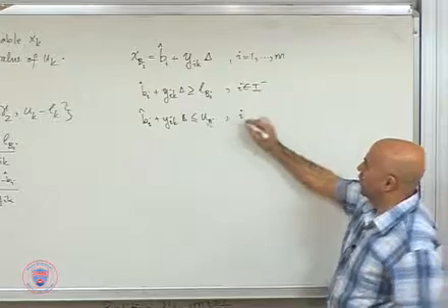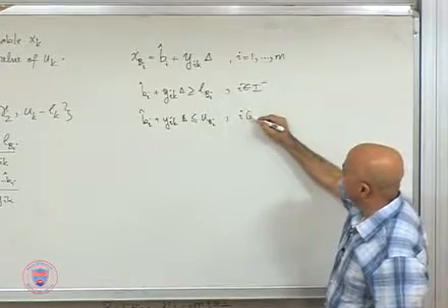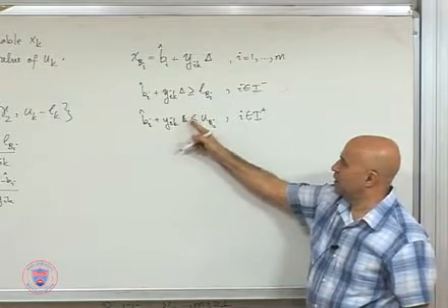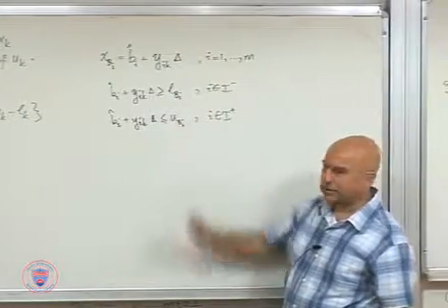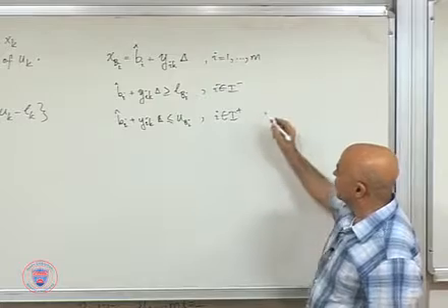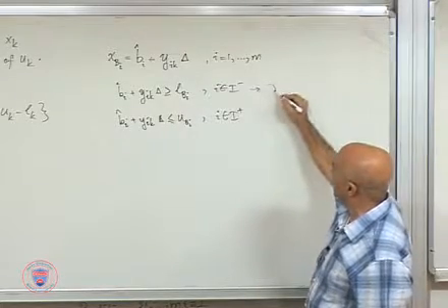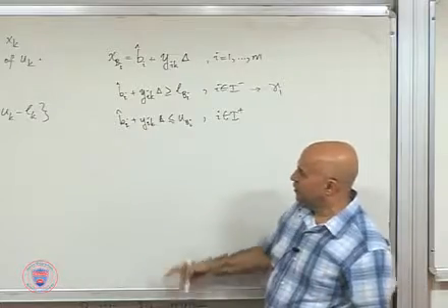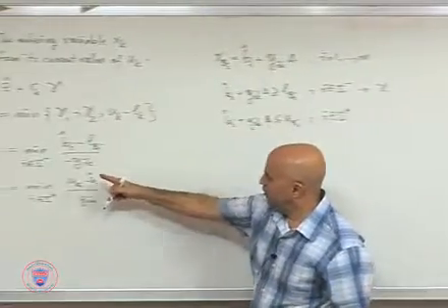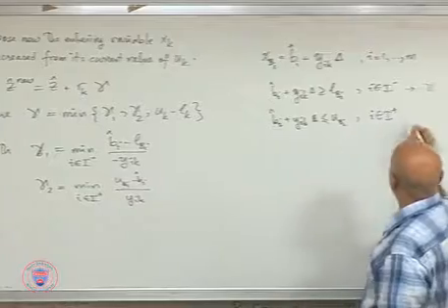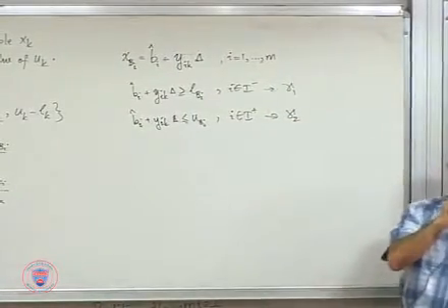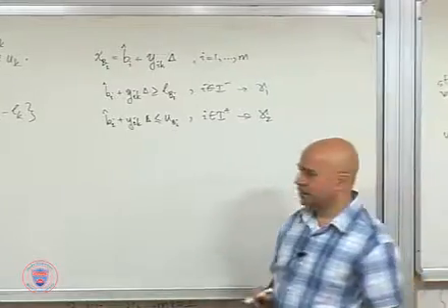That's why you've got that. And for the other ones, coming from the plus set, you have to make sure that they don't go up too much. Of course, this gives you two kinds of ratios. The first one gives you gamma 1, the minimum of these ratios. The second one gives you gamma 2. So it looks correct.